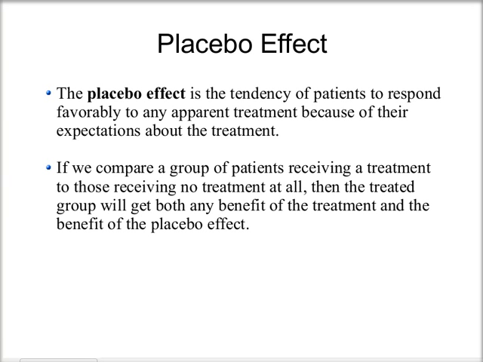So if we compare a group of patients receiving a treatment to those receiving no treatment at all, then the treated group will get both any benefit of the treatment and the benefit of the placebo effect. So even if a person is given a placebo treatment, like a sugar pill, they'll have some expectation that because they're getting a treatment, then their condition should improve. And that will have a little bit of an effect.